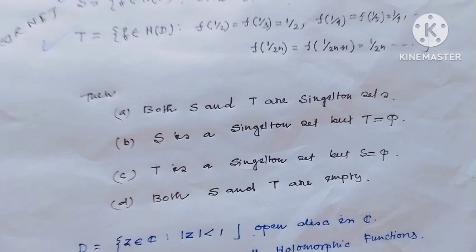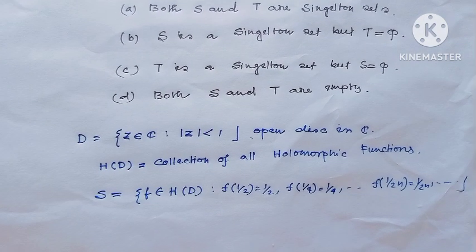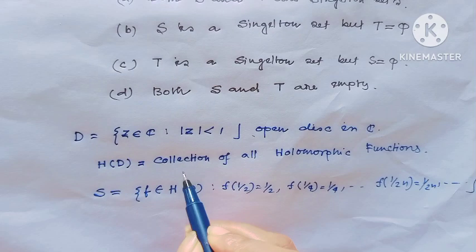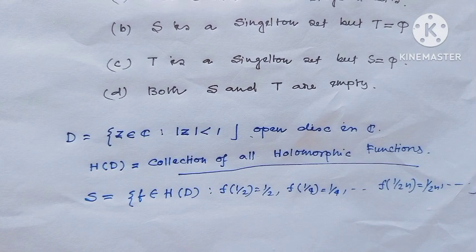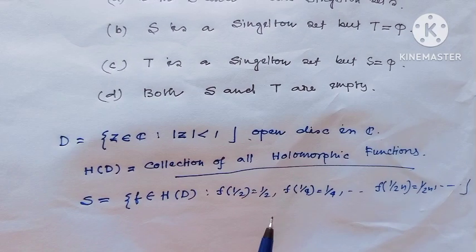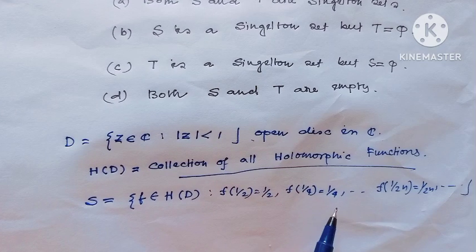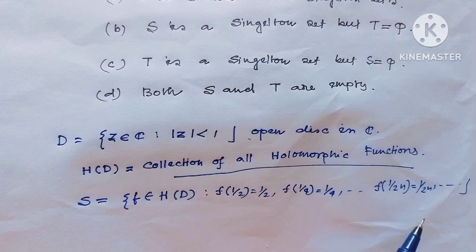Notice here D is the open disk in the complex plane and H(D) is the collection of all holomorphic functions. Consider the set S equal to f belonging to H(D) such that f(1/2) equal to 1/2, f(1/4) equal to 1/4 and f(1/2n) equal to 1/2n.